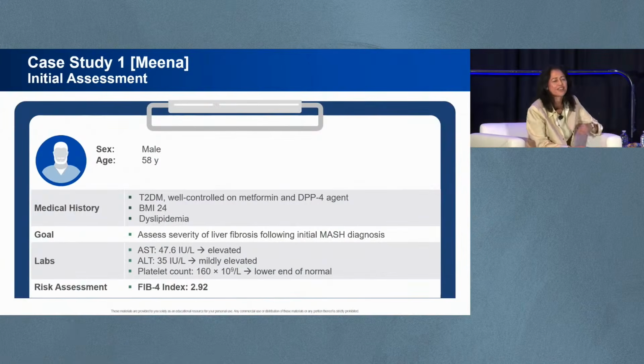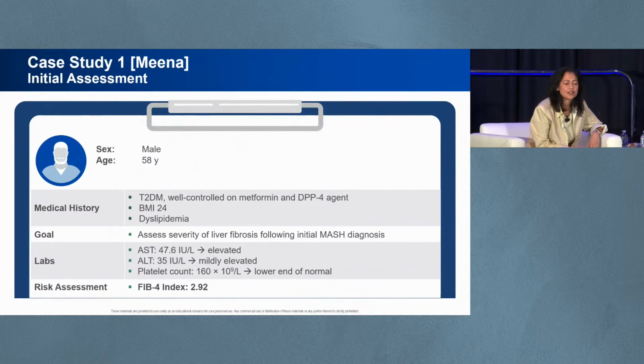All right, now you might need to participate here. A 58-year-old male with type 2 diabetes, well controlled on metformin and a DPP-4 agent, BMI of 24, has some dyslipidemia, and AST is 47, ALT is 35, and the platelet count is 160.